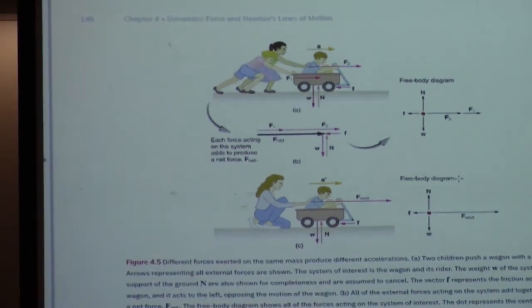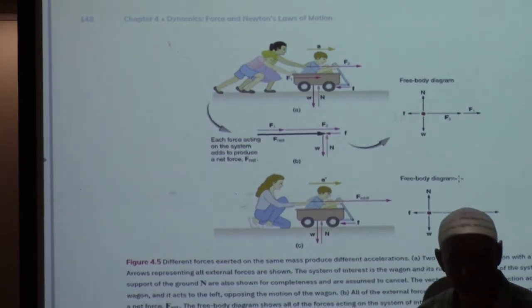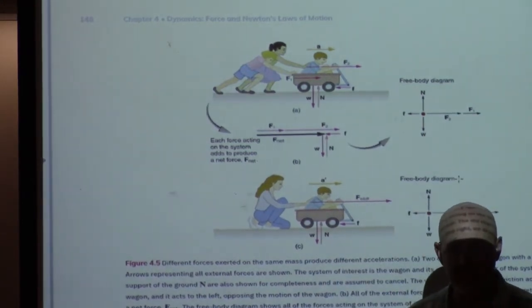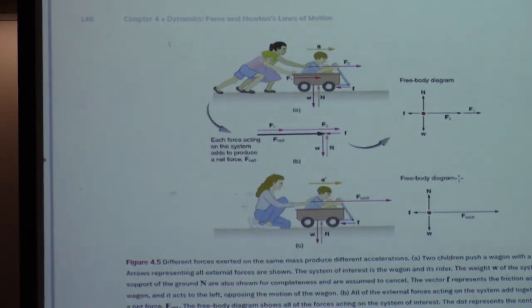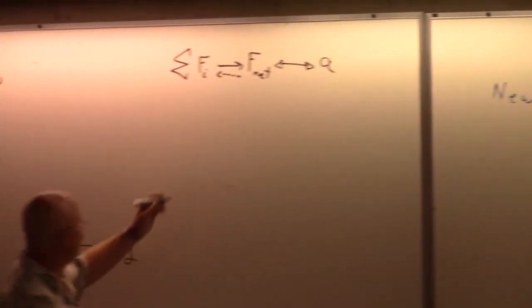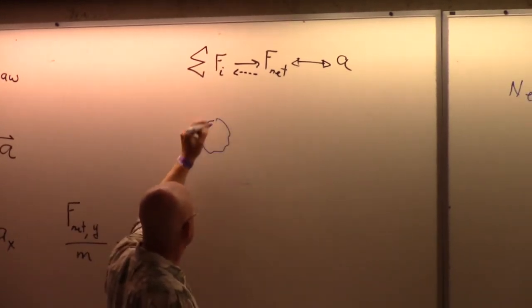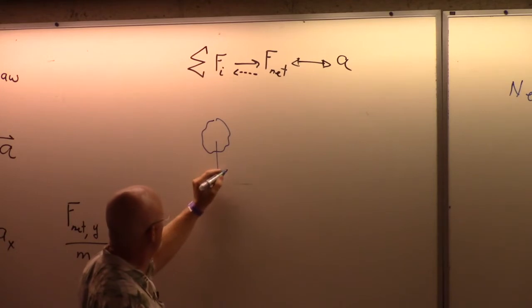Okay, so we would say weight. Gravity is pulling it down. This would be a good time for me to pause and say, how do we calculate the boy's weight, or the weight of any object? Let me just take kind of an odd object and pretend to just let it go.